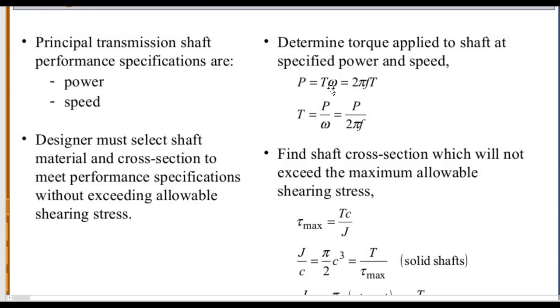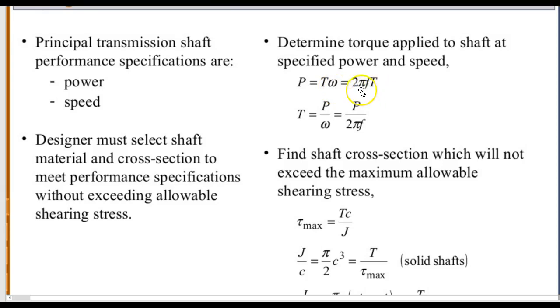In other words, it's measured in radians per second. That can be converted to 2 times pi times the frequency, or the number of rotations per time. The best unit for this would be cycles or rotations per second. This would be radians per second.